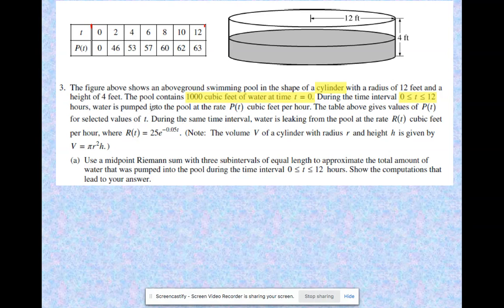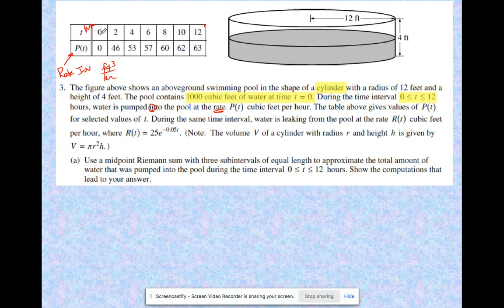Water is pumped in to the pool at a rate. P of t is the rate in. And the units on rate in are cubic feet per hour. That's important. Rate in.